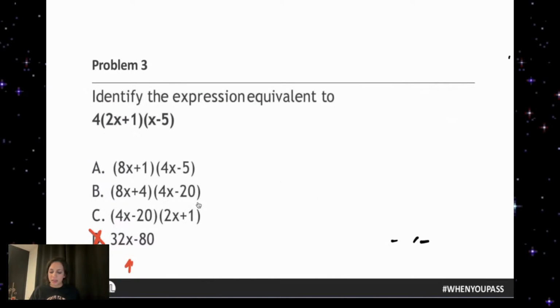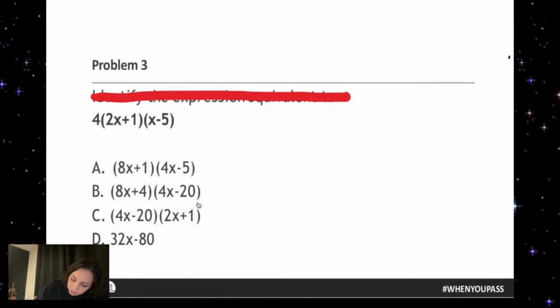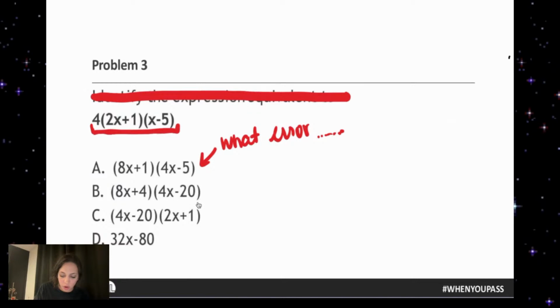So let's pretend this problem said, what error did the student make when trying to find an equivalent expression for this expression?